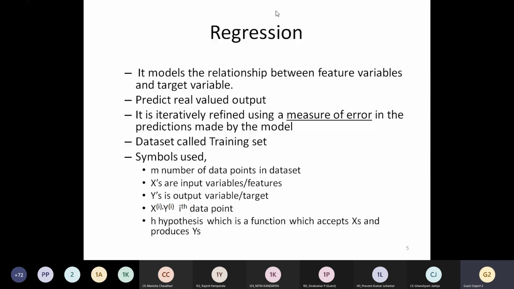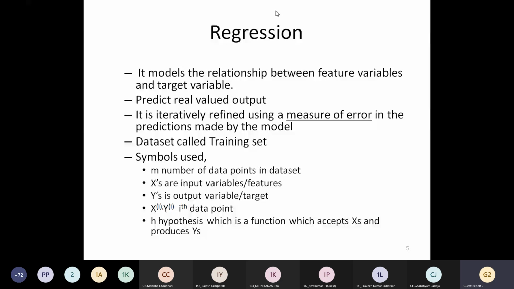During regression, while we are training our model using a regression model, it iteratively refines, iteratively improves in such a way that the error is reduced. After each iteration, the error value is calculated, and it will see that after each step, the error should be reduced.